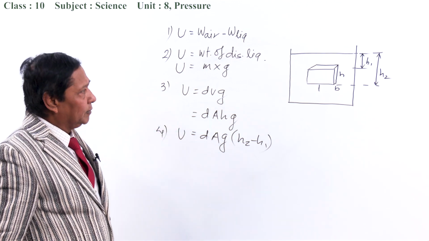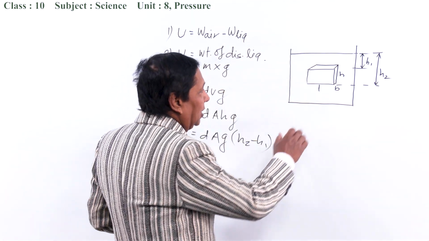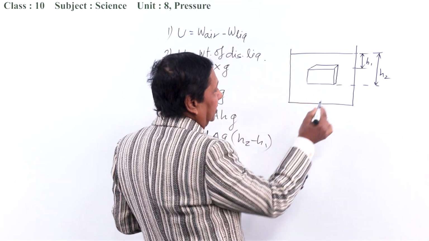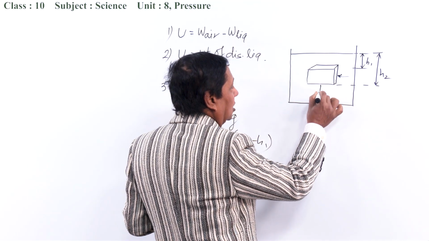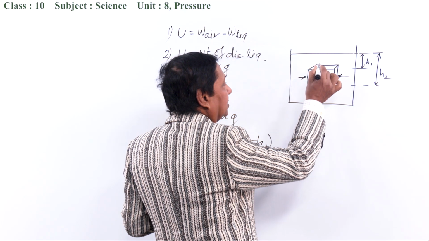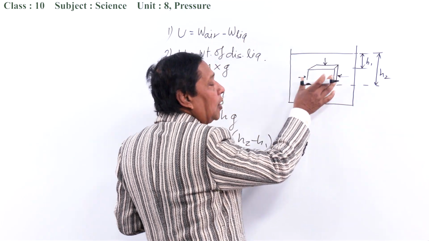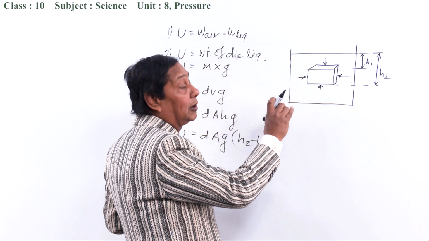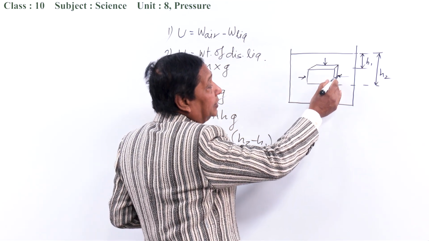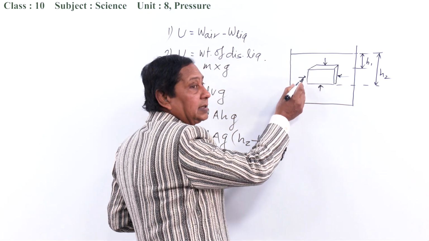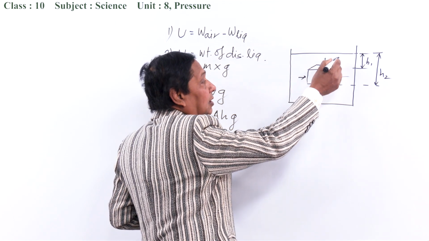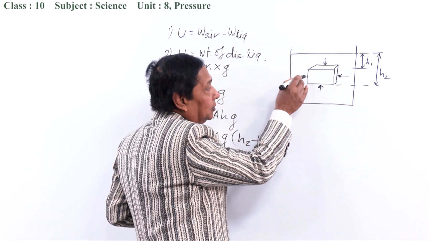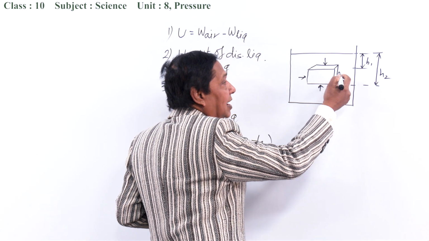Now next, do you know that when a body is placed in a liquid, the liquid applies pressure from all the sides? It was taught in the previous class. Liquid applies pressure from all the sides and force also from all the sides. Pressure acting on this side is equal to pressure acting on this side, because both sides are at the same depth. That's why the pressure from this side and from this side is equal.